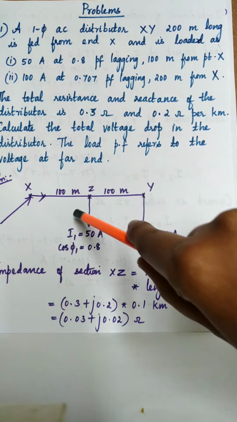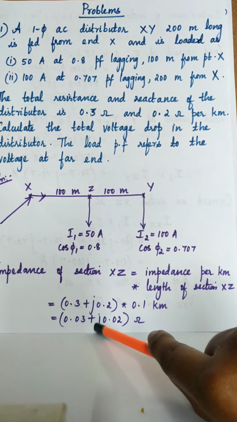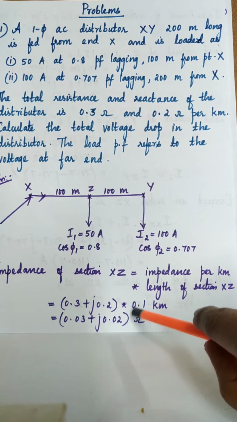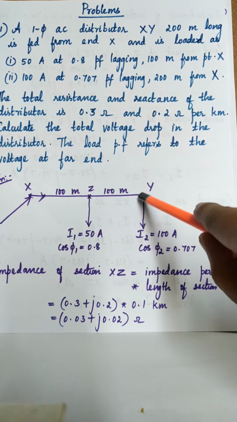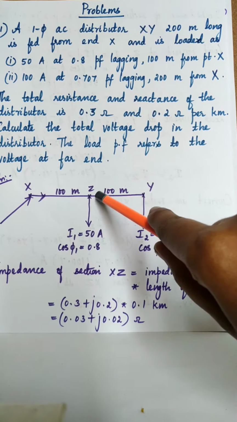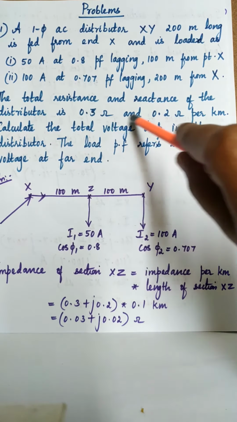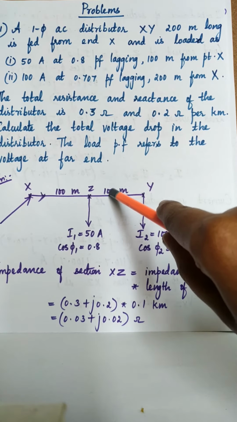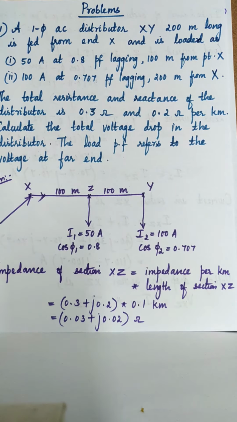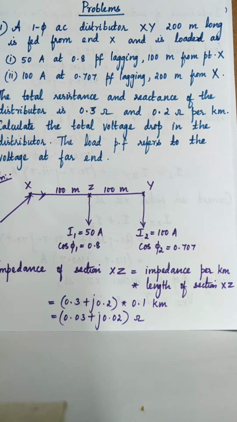You will get the impedance of section XZ as 0.03 plus j0.02 ohm. In the same way, calculate the impedance for section ZY: 0.3 plus j0.2 into 0.1 kilometer. Again for section ZY you will get the impedance as 0.03 plus j0.02.